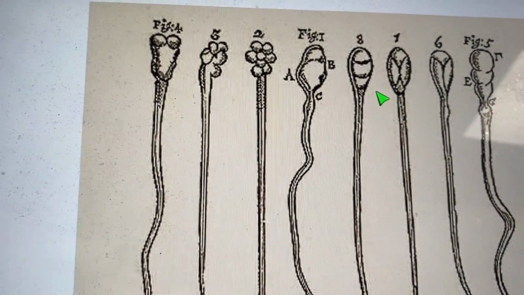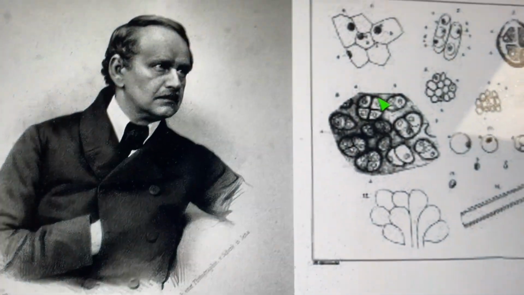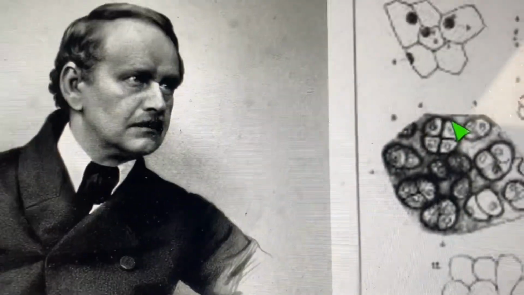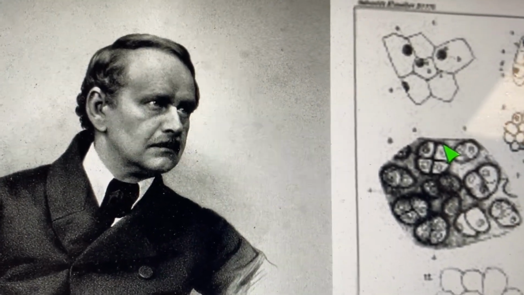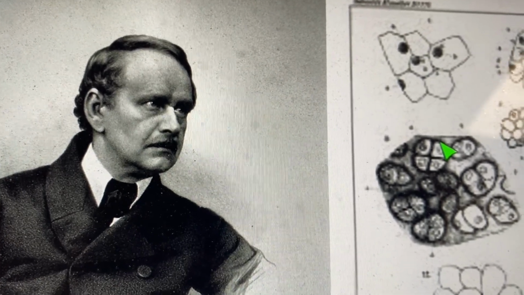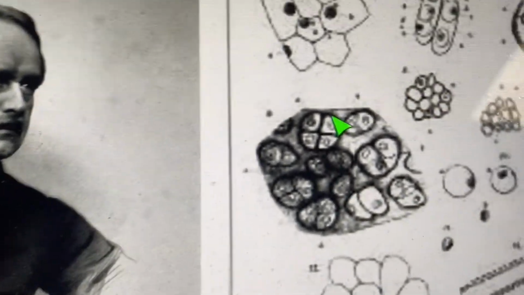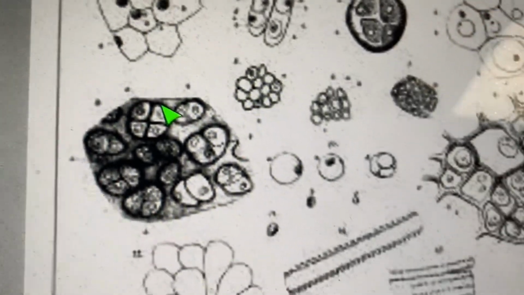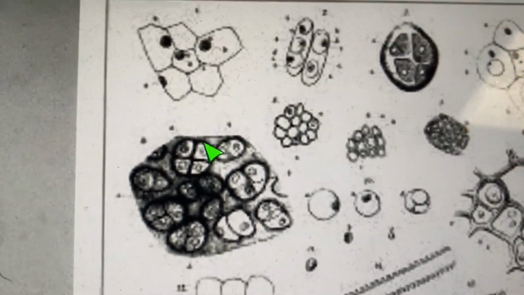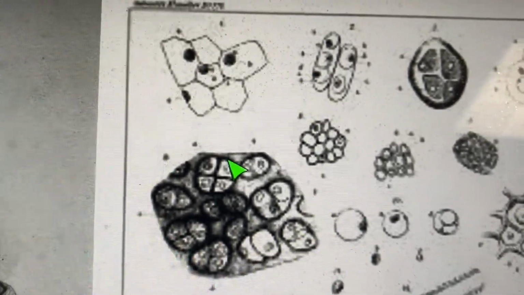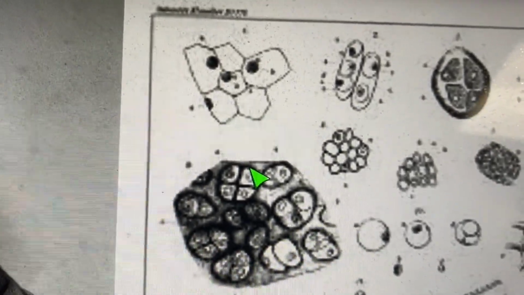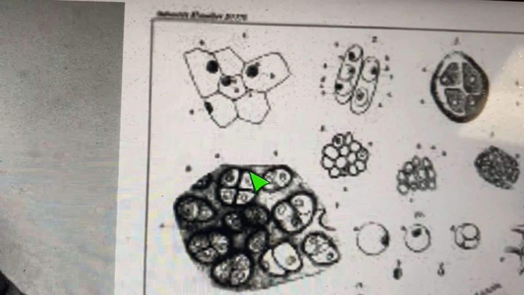And it was about 150 years later when a guy named Matthias Schleiden came up with what we call the cell theory. Using microscopes, he was a botanist and studied plants. He found that no matter what plants he looked at, whether they were aquatic plants or land plants, they were all made of cells. So he came up with the first step of the cell theory: all plants are made of cells.